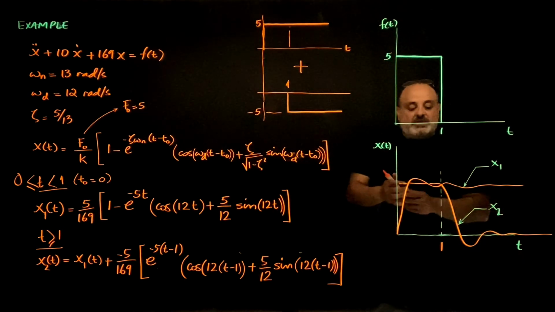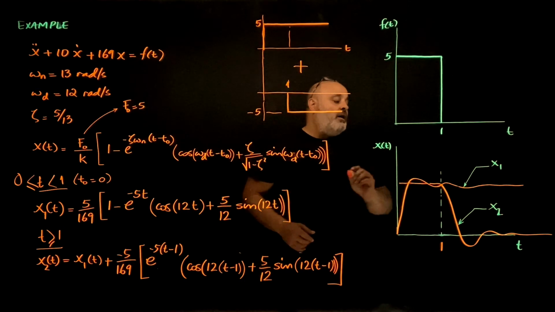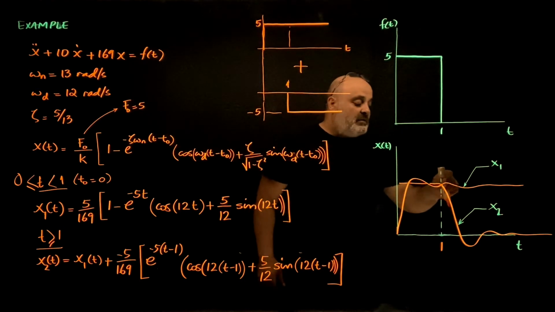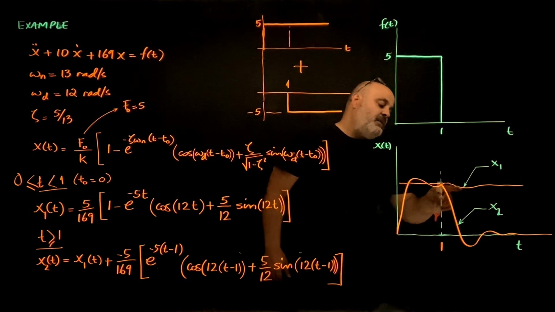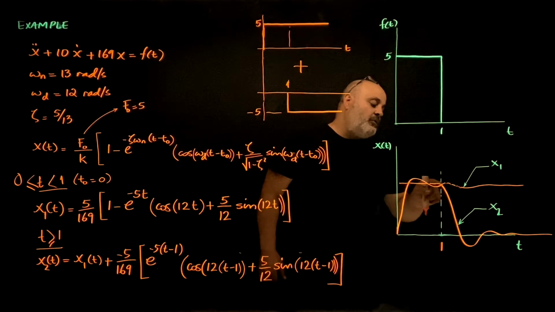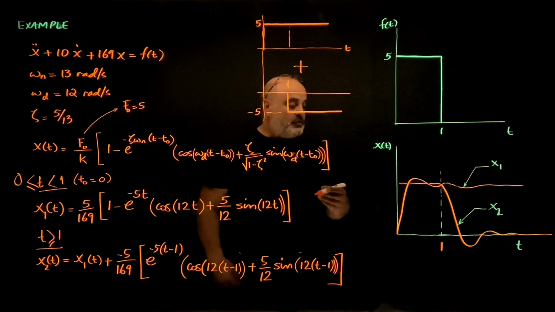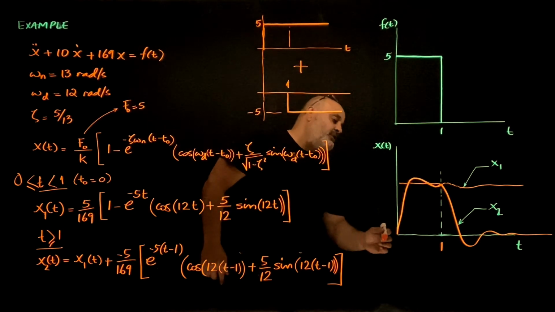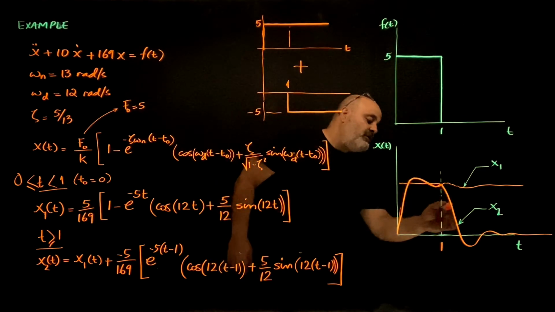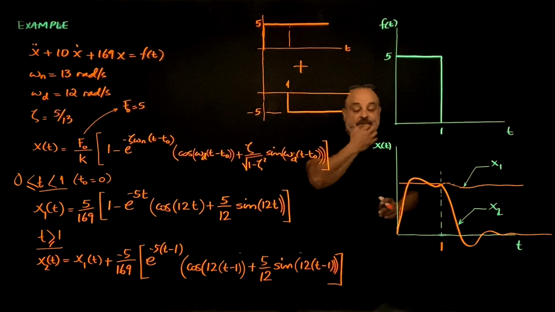So I will only consider x1 from the period 0 to 1 second, and then after that this response is no longer valid. The response of the total of the two steps is the response that I'm going to consider. So this is my total response to an input of this form.